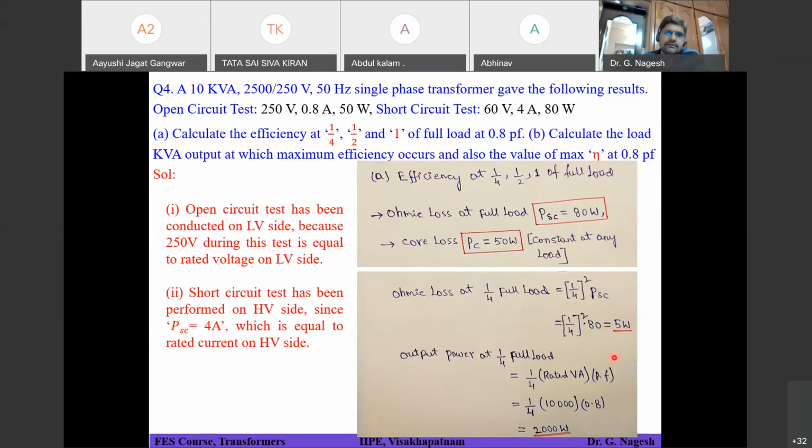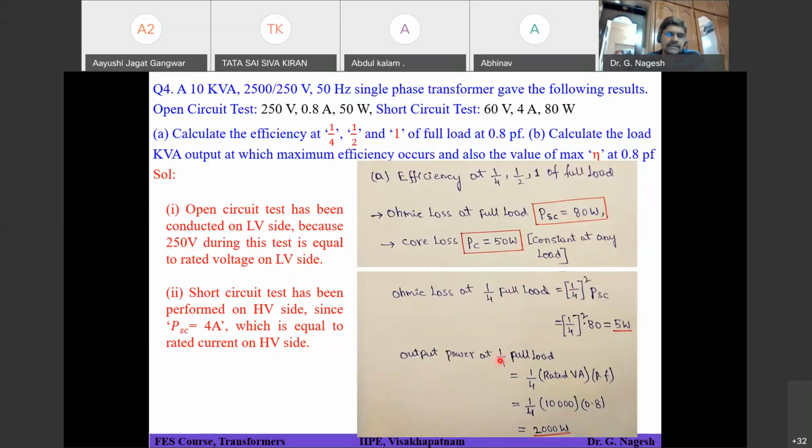Right. So what will be the output power at 1/4 of the full load? As we have already discussed, 1/4 of the full load means the current is full load divided by 4. Voltage remains the same, and the power factor is already given as 0.8.